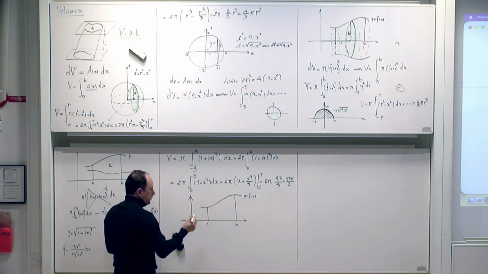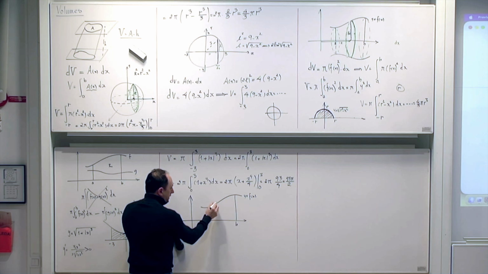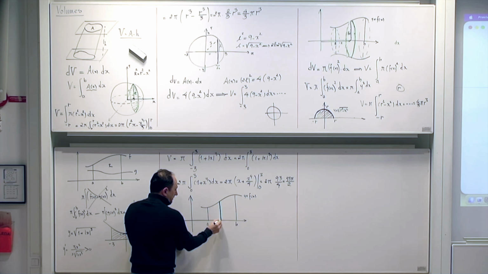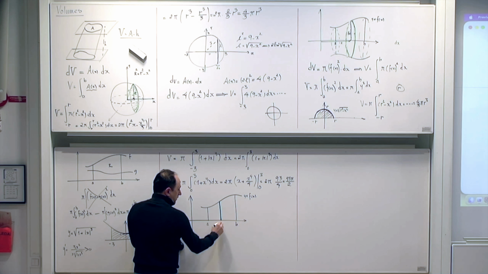But I want you to understand. I will concentrate on one thin slice of this. Let me make it a little bit thicker, but this is thin enough. This thickness is an infinitesimal thickness on the x-axis, so I will call it dx.